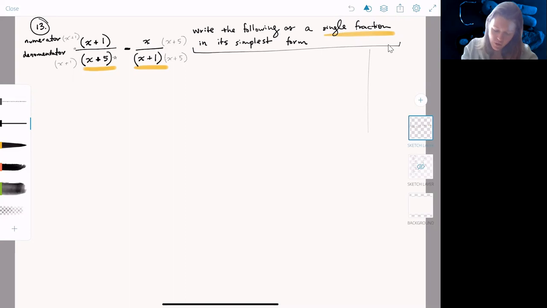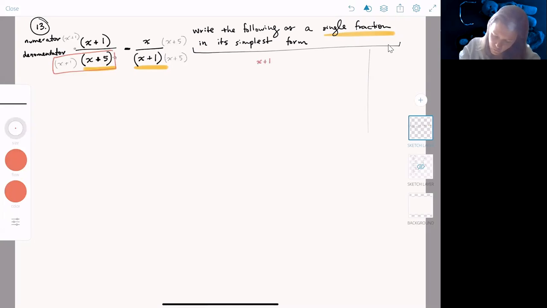I'm going to go ahead and FOIL that now. So when I'm multiplying over here to the side, let's say I'm going to do it in a different color. So we've got x plus 1 times x plus 5. X times x gives me x squared. X times 5 gives me a positive 5x. 1 times x gives me just x, and 1 times 5 gives me 5.